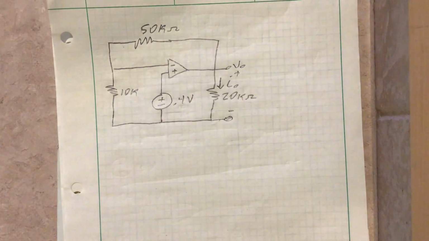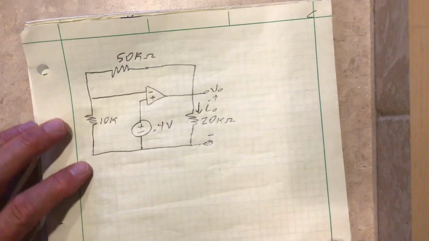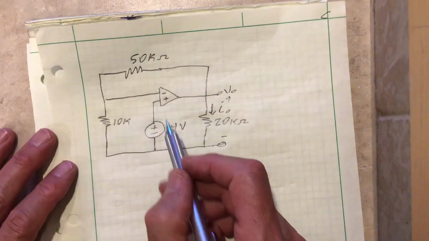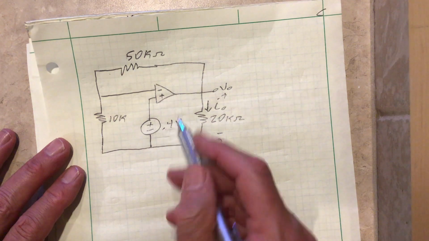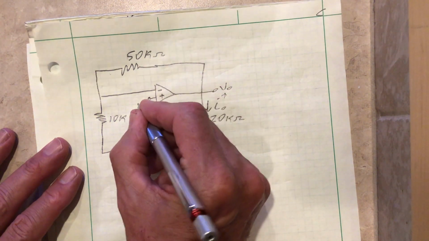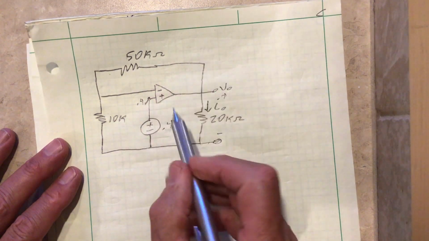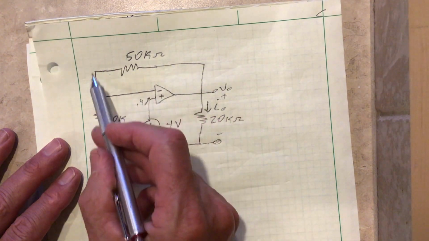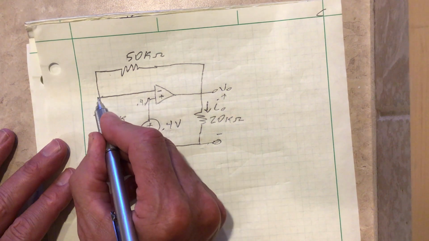All right, let's look at one more here, and then we'll give you a break. All right, here's another guy. So let's see what we can do with that. Let's notice first off that if I have 0.4 volts here, that means that right there I have 0.4 volts. This does have a negative feedback loop, so it's probably in the linear range.